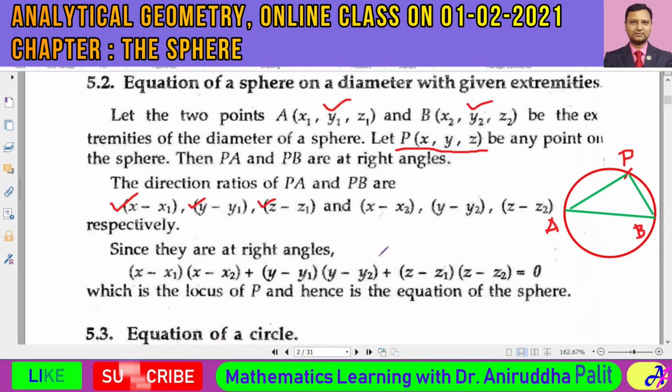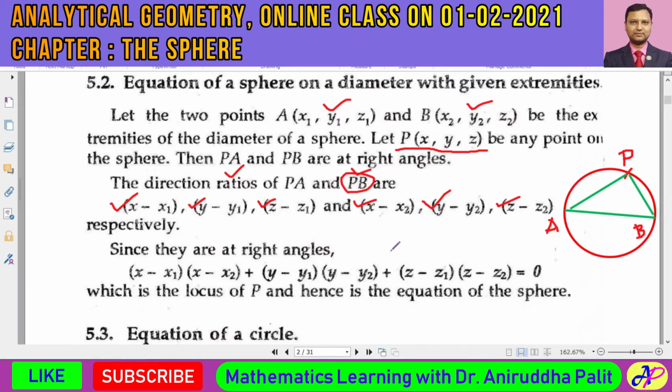This would be the direction ratios, particularly the direction ratios, not necessarily direction cosines, of the straight line PA. And similarly, we can find the direction ratios of the straight line PB, one quantity minus another quantity, the coordinates of the point P minus the coordinates of the point B. So over here x minus x2, y minus y2, z minus z2, these should be the direction ratios of the straight line PB.